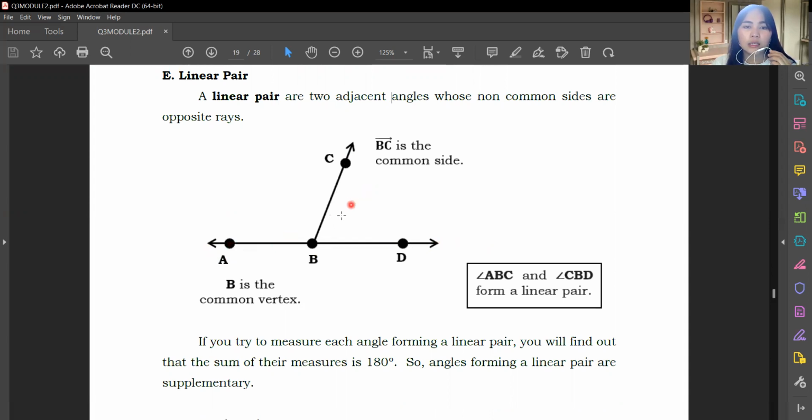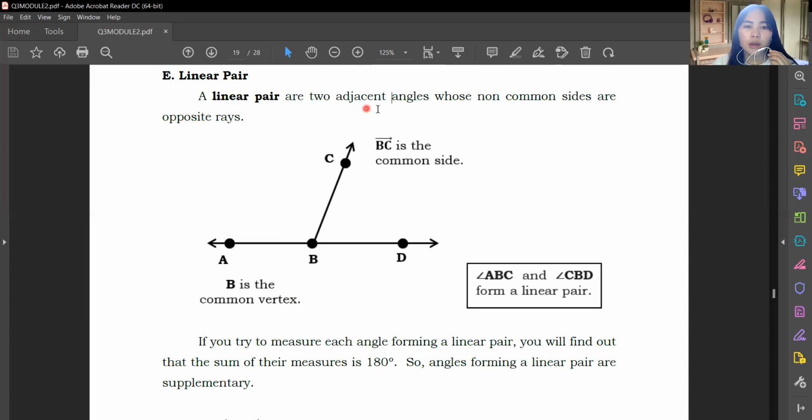Now, ray BC is their common side. B is the common vertex. If you try to measure each angle forming a linear pair, you will find out that the sum of their measures is 180 degrees. So angles forming a linear pair are supplementary.